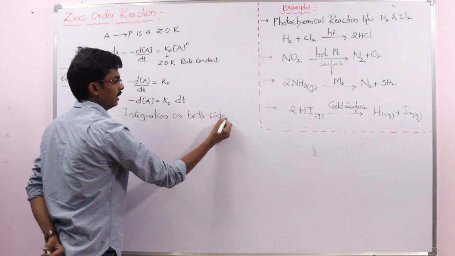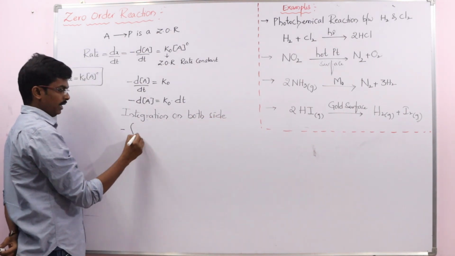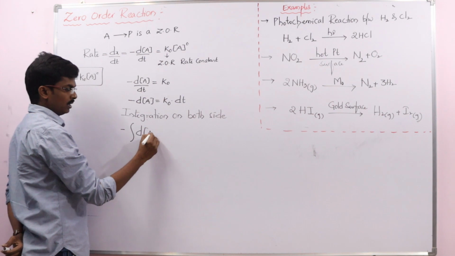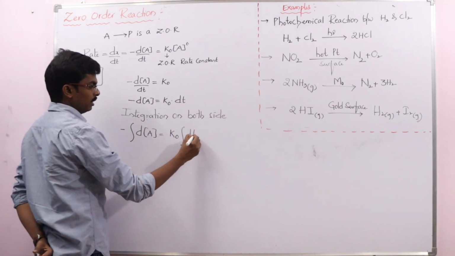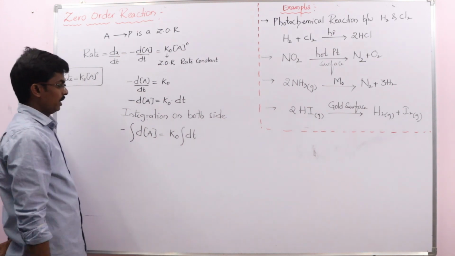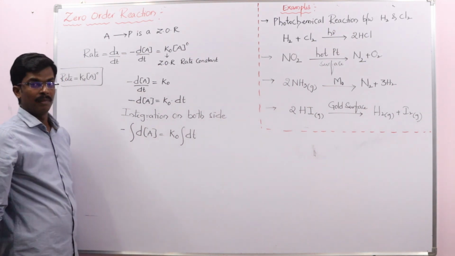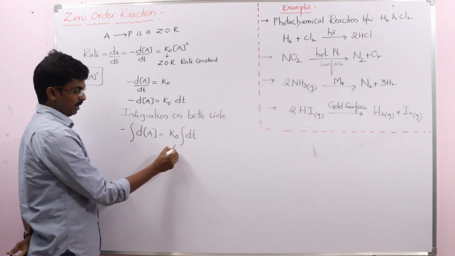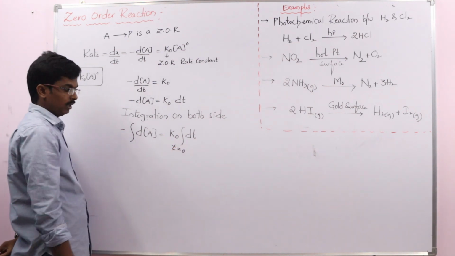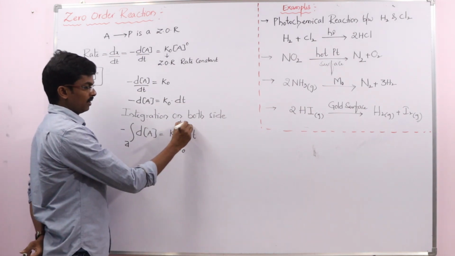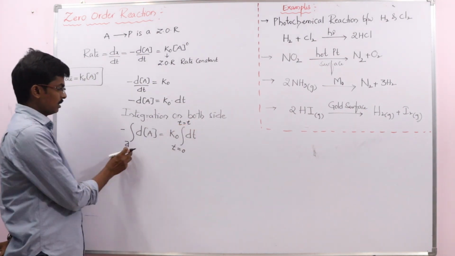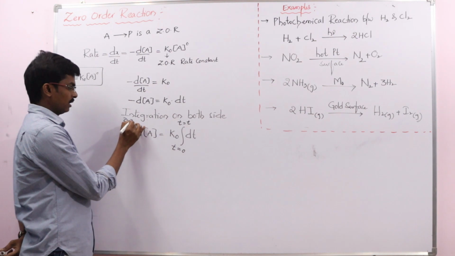When you integrate on both sides, minus the integral of d concentration of A is equal to the constant K naught outside the integration, dt. I am integrating within some intervals. At time t equals 0, I take the initial concentration A. After time t, the remaining concentration is A minus x.